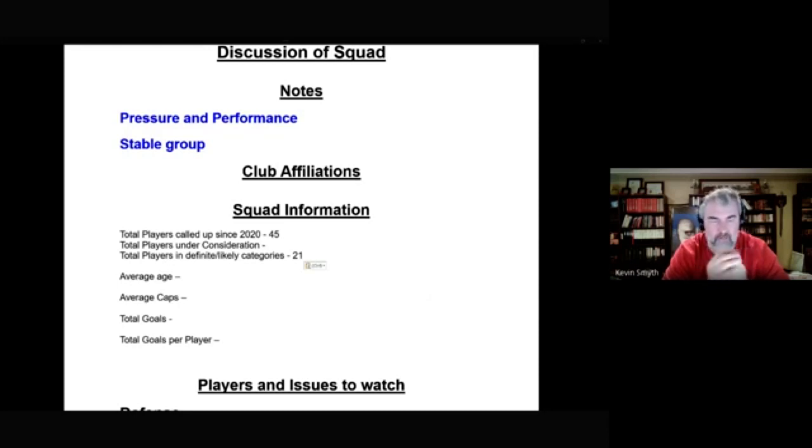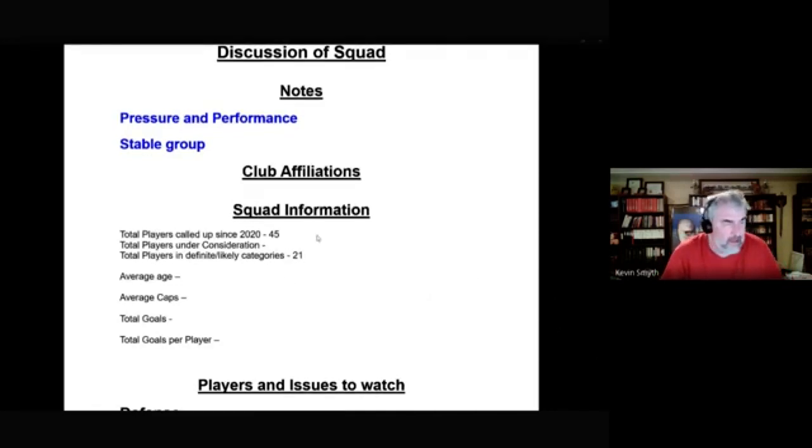If there's a huge number of players here, it means they're switching in and out quite a bit. So the players are kind of always playing with a different group of players. So 21 is good. It's slightly above average, and it suggests a fairly tight group of players for England.